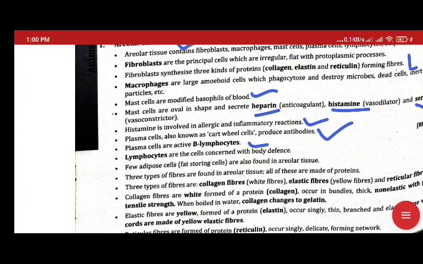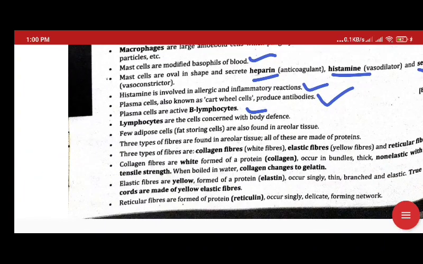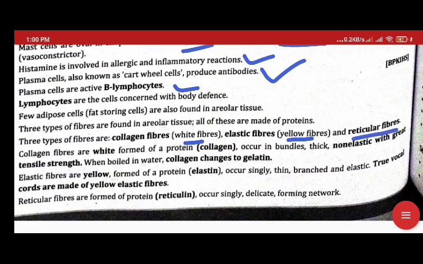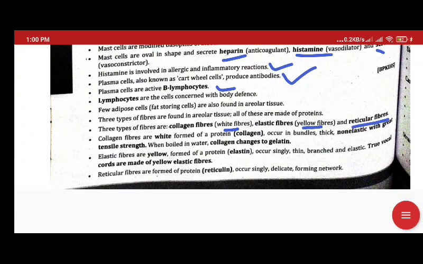And lymphocyte. It has three types of fiber: collagen fiber, that is white; elastin fiber, that is yellow; and reticulin fiber. This is also small, granule-like, a small type of collagen fiber. This is also white in color, reticulin fibers.